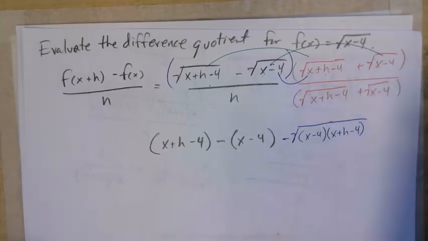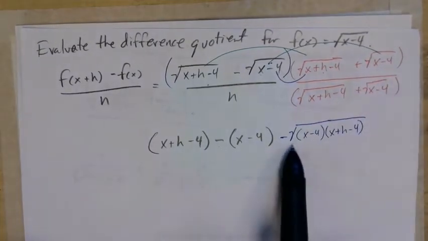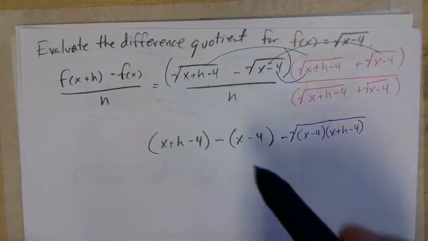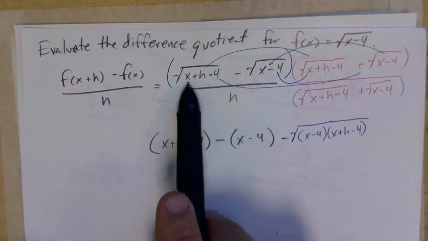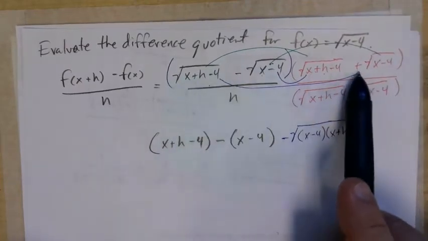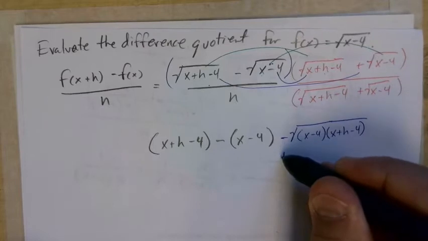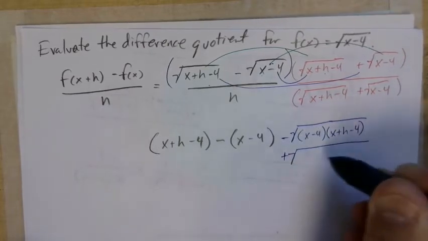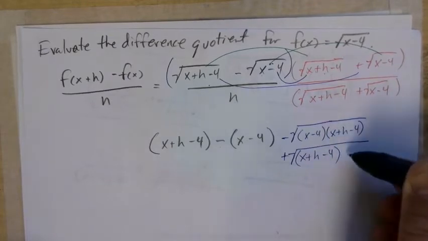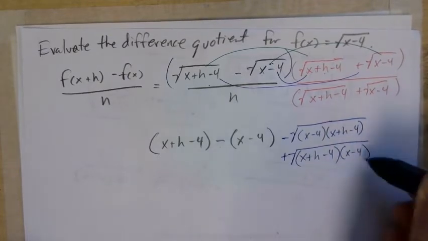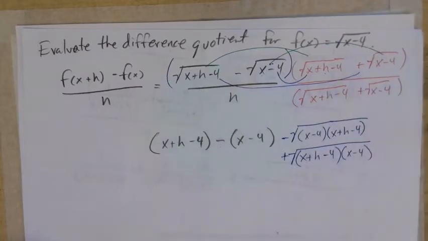Remember, when I multiply a root times a root, I can actually combine them underneath the same root. But then I have to multiply this times that over there. So the square root of x plus h minus 4 times a positive square root of x minus 4 makes a positive square root of x plus h minus 4 times x minus 4. So the inside here times the inside here.